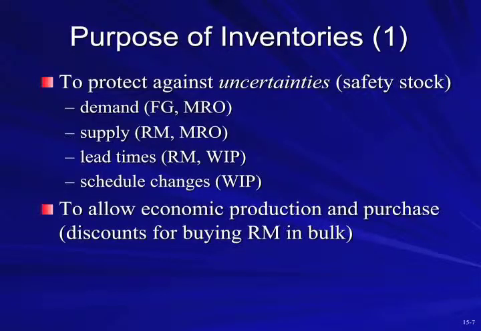The purpose of inventories is to protect against uncertainties, and we do that by building what we call safety stock. How do you determine how much safety stock you need? Well, you look at the demand, the supply, the lead times, and the schedule, and try to get a balance of that. We will get into more detail in this chapter on that.